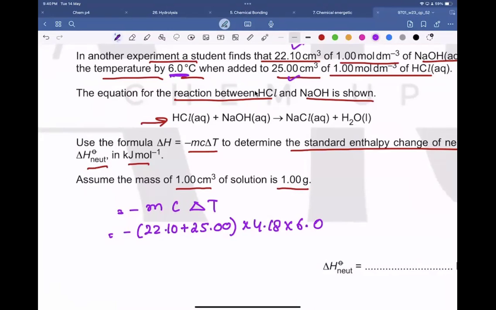Just leave this one. We are going to calculate the Q first, the heat energy released or absorbed. Can anyone tell me the value of Q quickly?